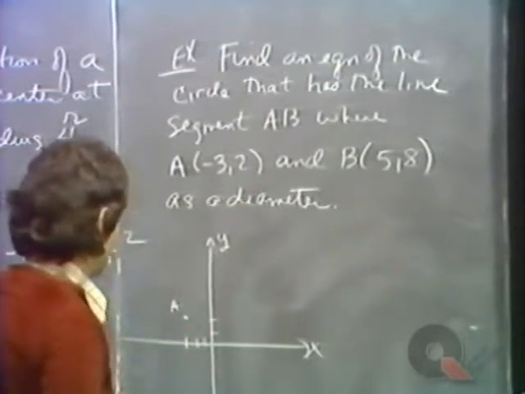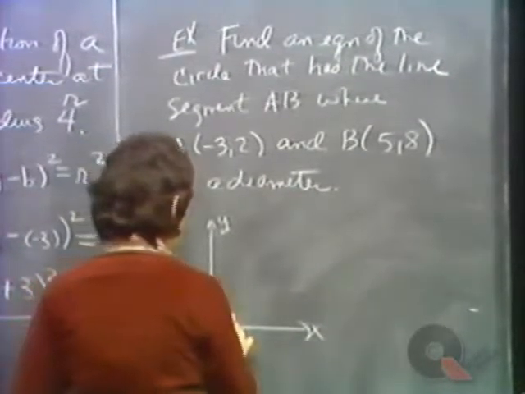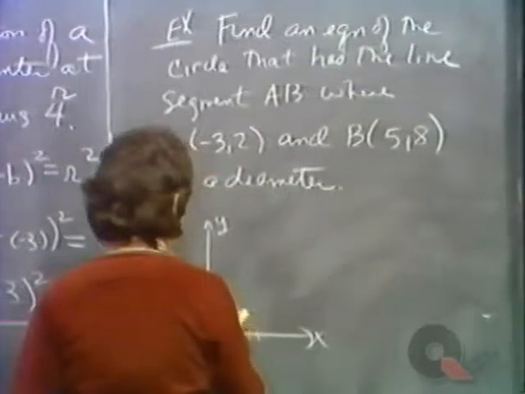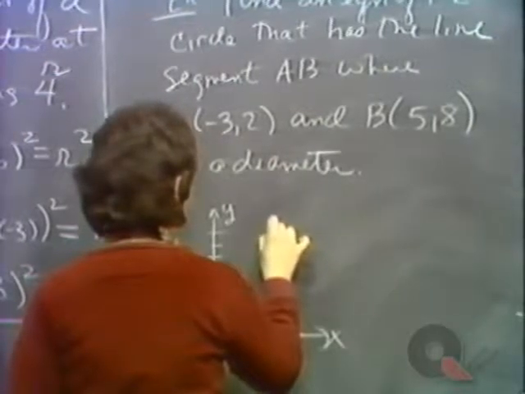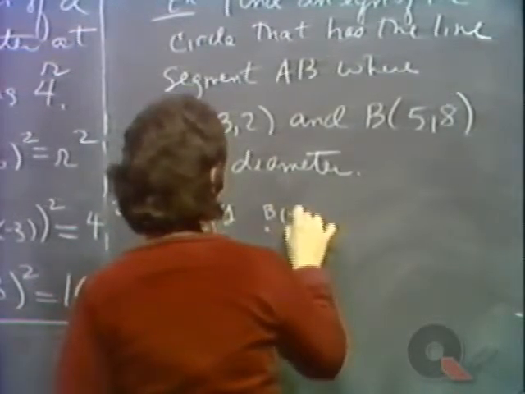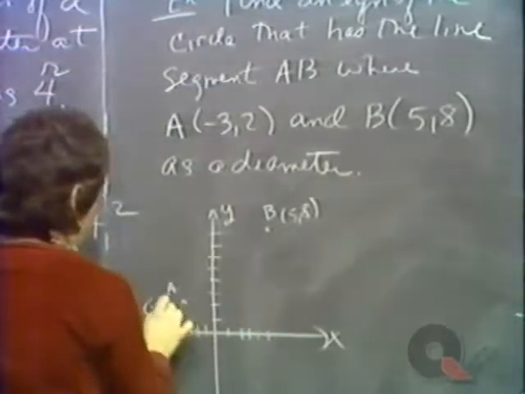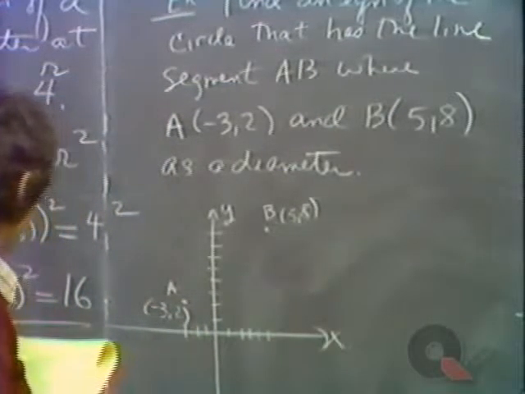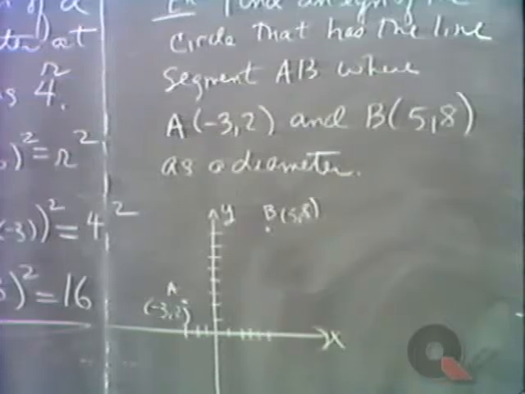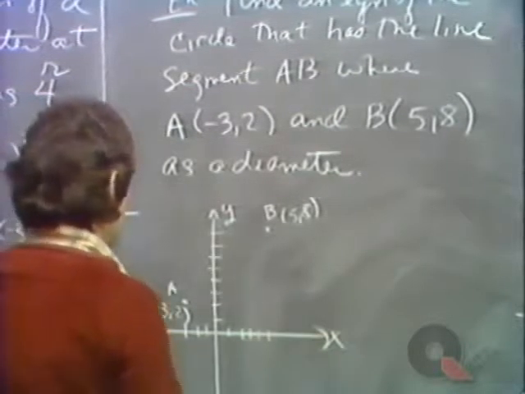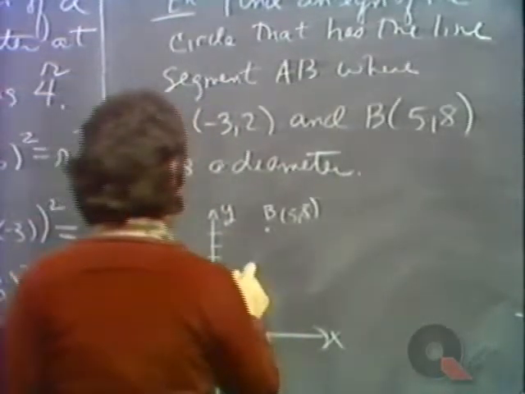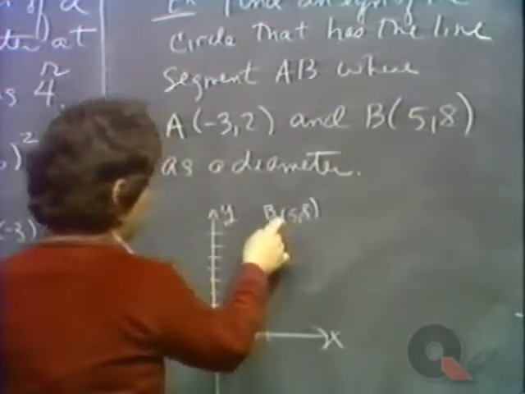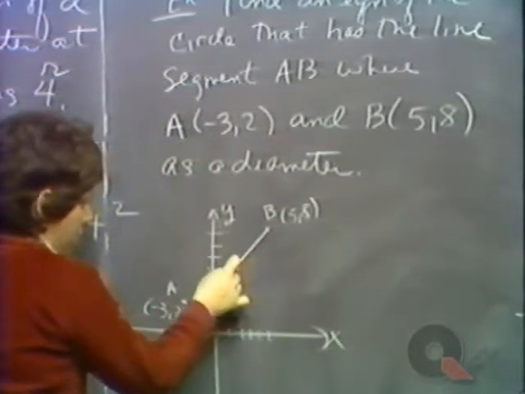Here's A (-3, 2), and B is (5, 8). I'm saying that these are the endpoints of a diameter.